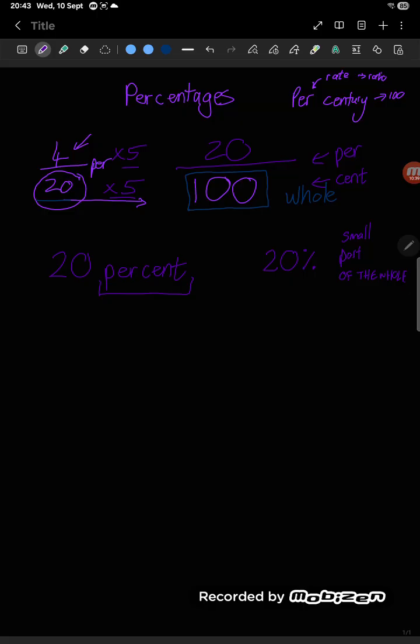Now, this gets interesting because when I go to the bank and I put money in the bank, so here's my bank, and I put money in the bank. Why would I put money in the bank? Why would the bank advertise that you can put money into it? A large amount. Because you can earn something called interest. And when I earn interest on money that I save in the bank, say for instance I take 2,000 Rand to the bank, and I'm not just going to keep it there, I want to earn some interest.